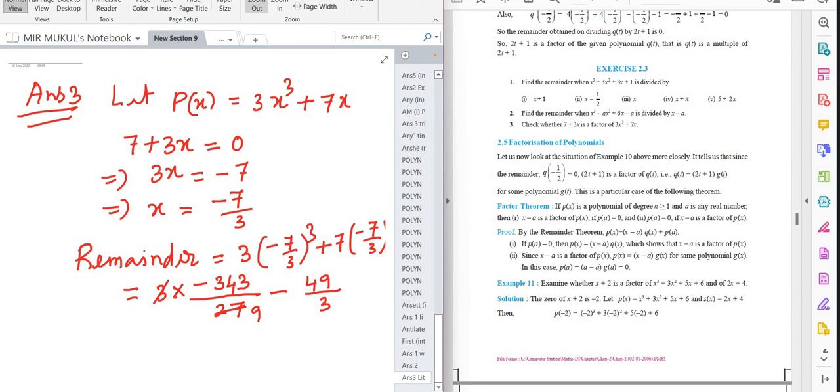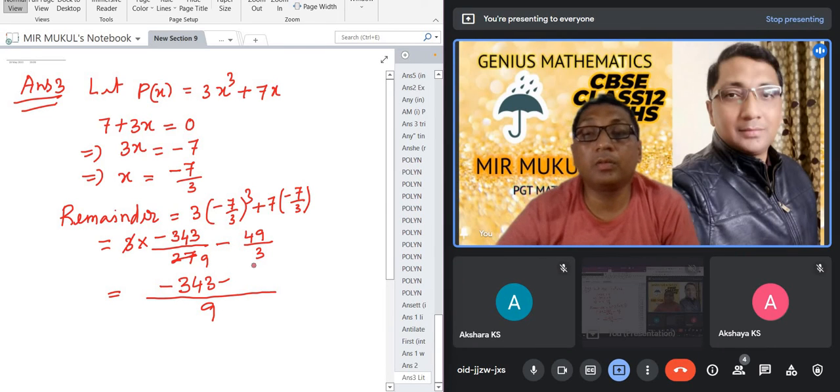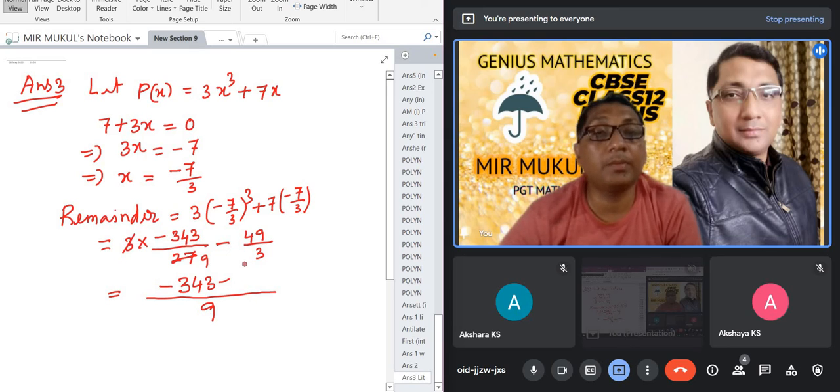After that, take the LCM. First of all, the 0 will not come, clearly we can see. So it is not a factor. So 9 is the LCM, minus 343 minus. Now 9 divided by 3, then 3 will multiply 49 by 3.